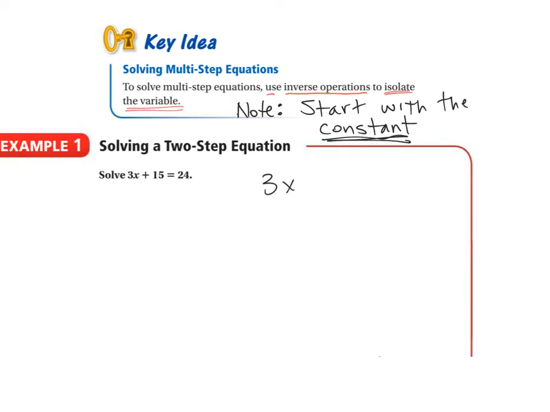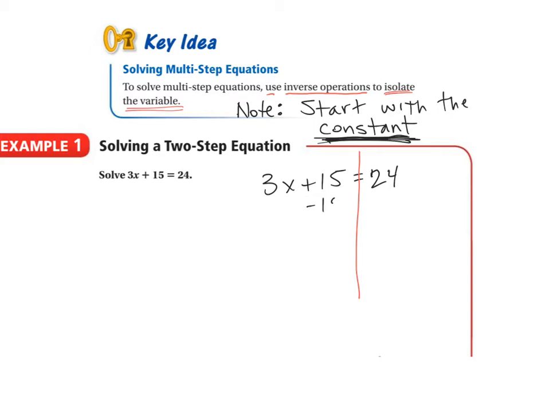Always rewrite the problem. If this was your paper, we're going to rewrite the problem on top, and then if you like to draw the line, let's go ahead and draw the line here. And we're going to start with the constant, as I say up here. That's going to be a note I want you to write as well. And then you can just sit back and watch for a second here.